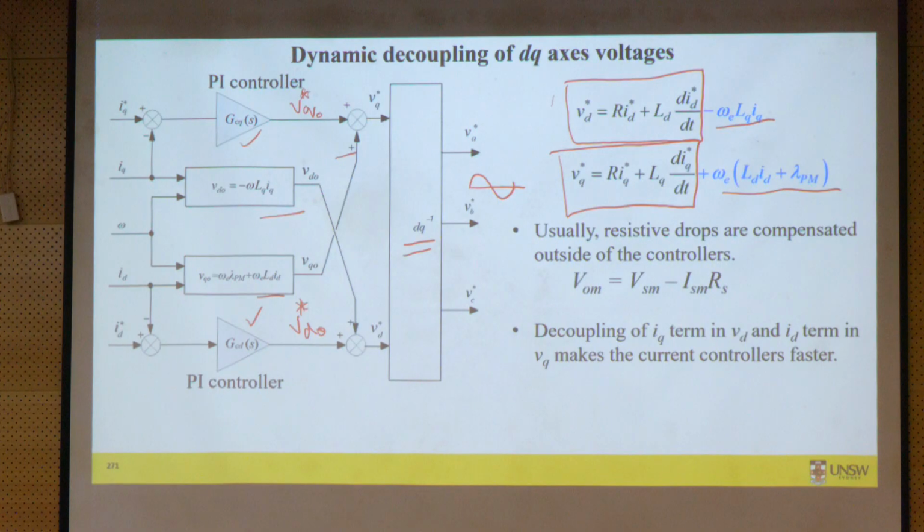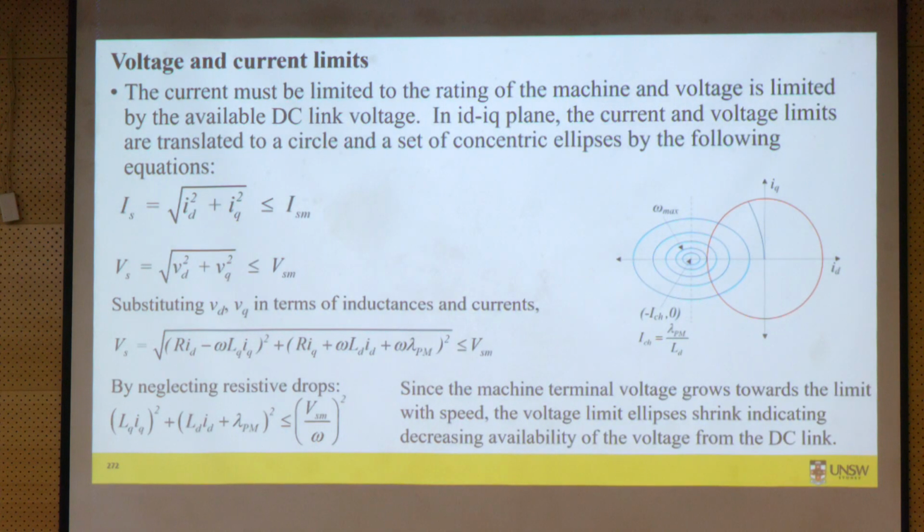If you have a speed controller, then you can design the speed controller very much like you will design a speed controller for a DC motor, but the more important difference is in the current controller design if we compare it with a DC motor. And so while designing, we have to consider a few things, right?